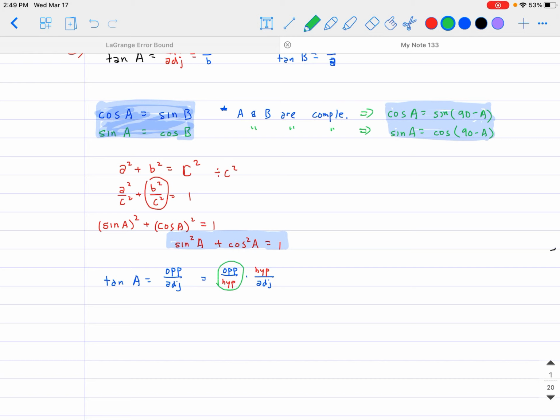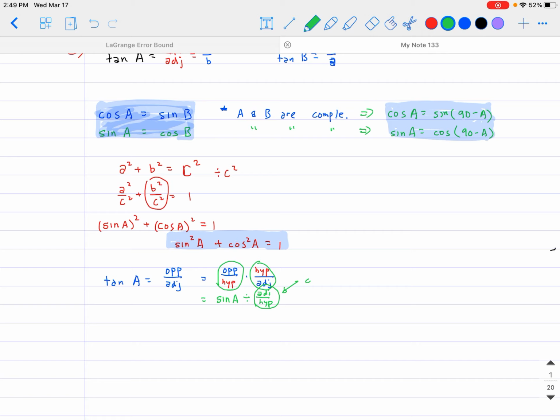This right here, opposite over hypotenuse, that's going to be the sine, right? Because that's how sine is defined. So that right there is going to be the sine of A. Now, this part over here is a little bit harder to see, but if I were to write it as divide by adjacent over hypotenuse, basically going backwards by saying I'm going to divide by the reciprocal, then this might look a little bit more familiar.